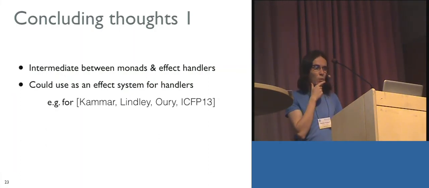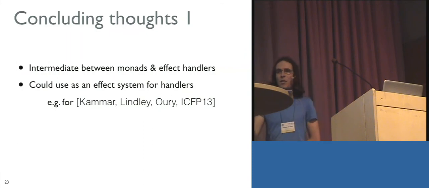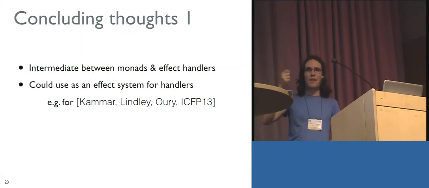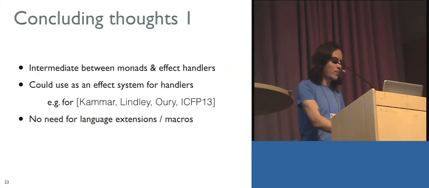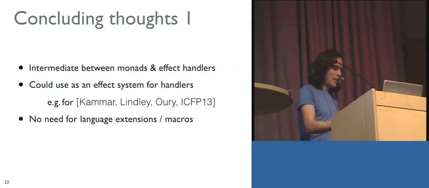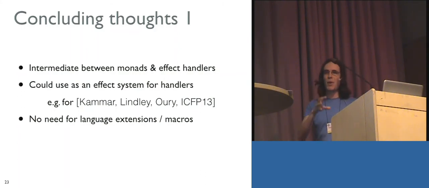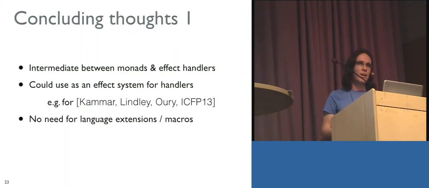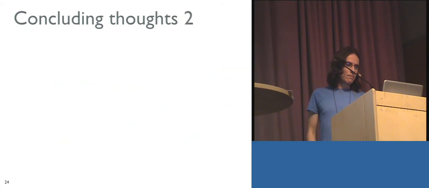So perhaps we could embed this into the work of Kammar, Lindley, and Oury, where they have handlers in Haskell, but they don't track the effects, the operations, so well. So you could use our set-based approach. Our approach is quite nice because it just embeds into monads in the normal way we're already working with effects, so you don't need any extensions and macros. So maybe it's a step towards more flexibility.